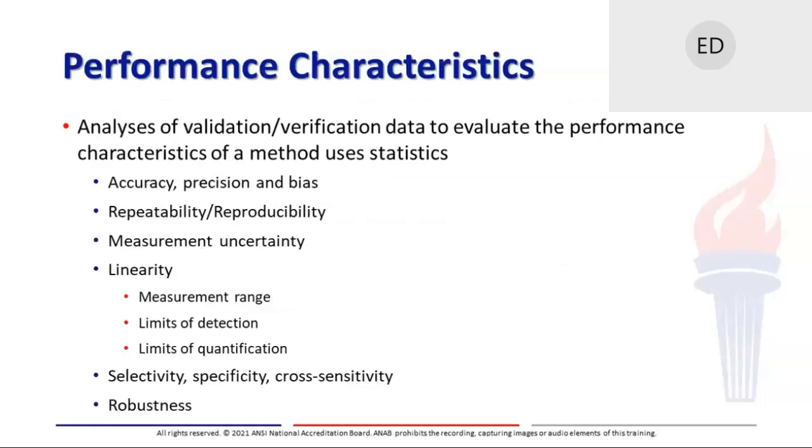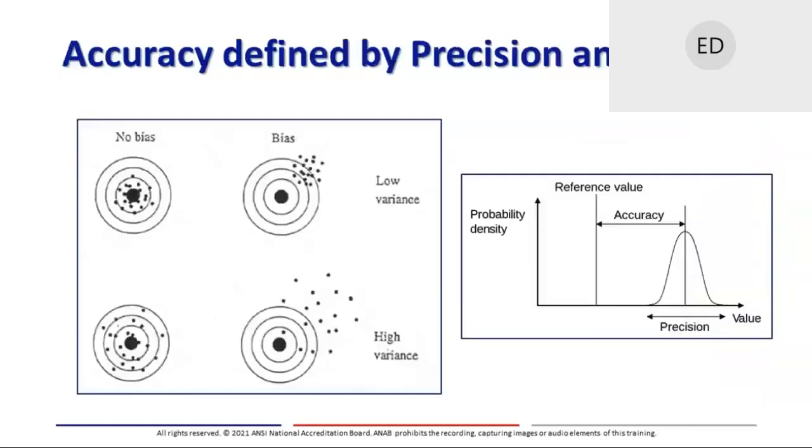When you're analyzing or evaluating these performance characteristics, you use statistical techniques. For example, when looking at accuracy, accuracy is the closeness of agreement between a measured quantity value and a, quote, true or known quantity value. It's influenced by both precision and bias.